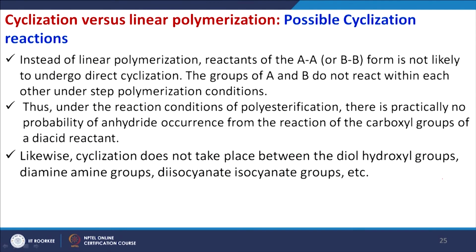Now, instead of linear polymerization, reactants of AA or BB type are not likely to undergo direct cyclization. The groups A and B do not react within each other, and they undergo the step polymerization conditions. Therefore, under the reaction conditions of polyesterification, there is practically no probability of anhydride formation from the reaction of the carboxyl groups of a diacid reactant.